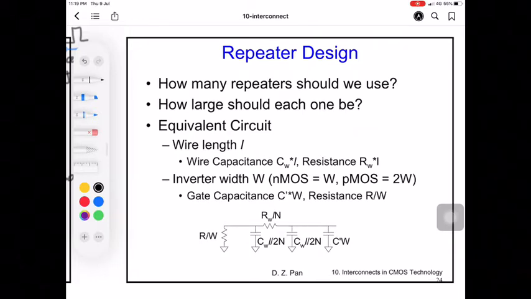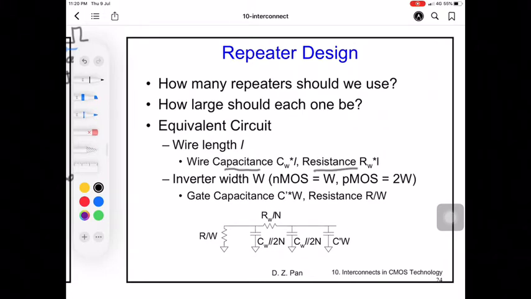It depends on the resistance and the amount of capacitance there. So here you can model the equivalent circuit of the wire, which is comprised of capacitance and resistance.